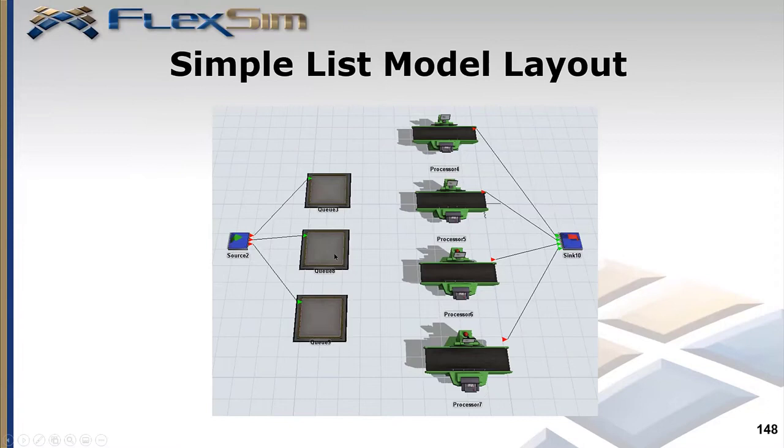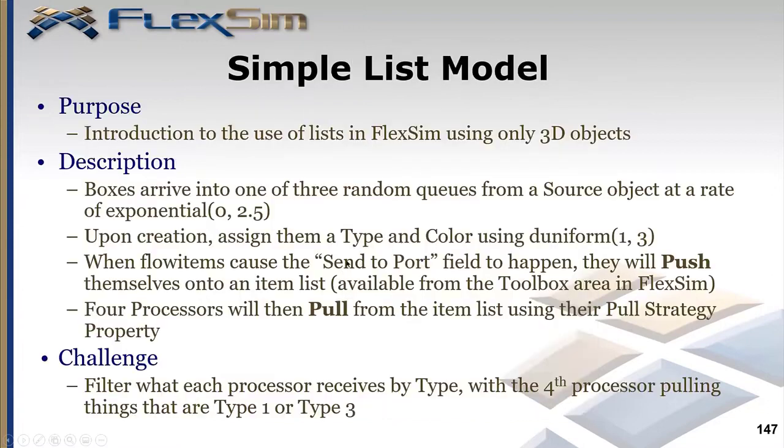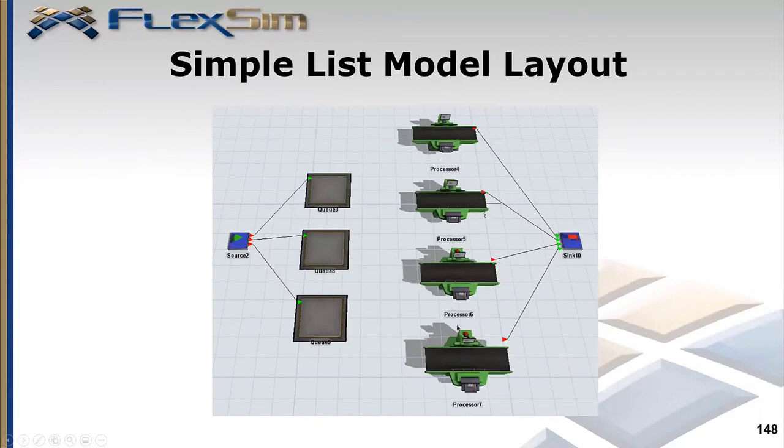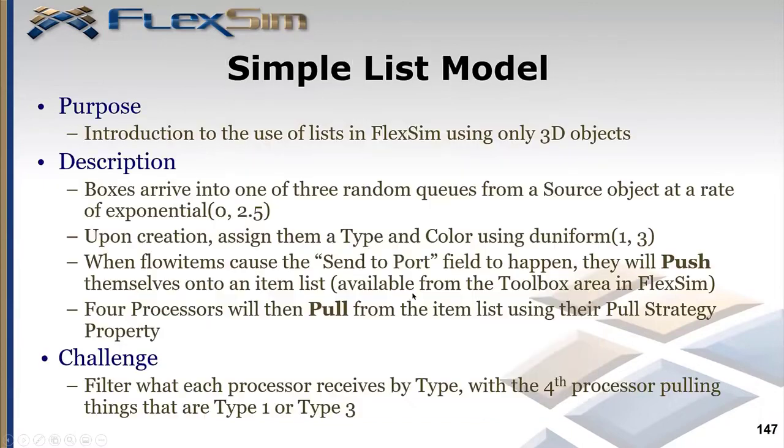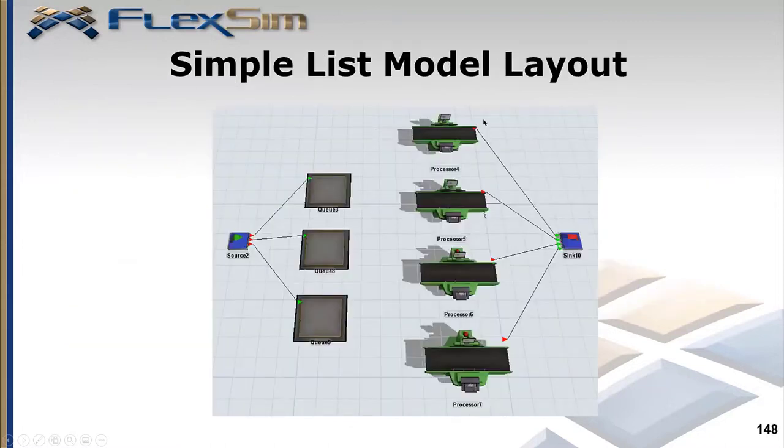And then when the flow items arrive, using the send to port event of those queues, we want those flow items to be pushed onto an item list. Then we have 4 processors that are going to be set up as pullers from the item list. And in the challenge section, we want to filter what the processors receive according to type. So the first processor will pull type 1, the second processor type 2, the third processor type 3.